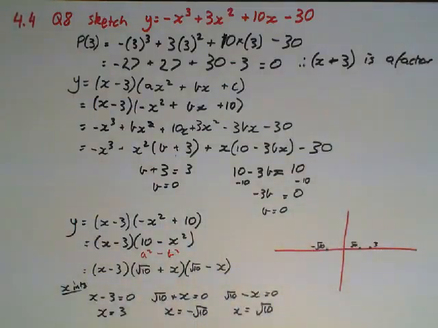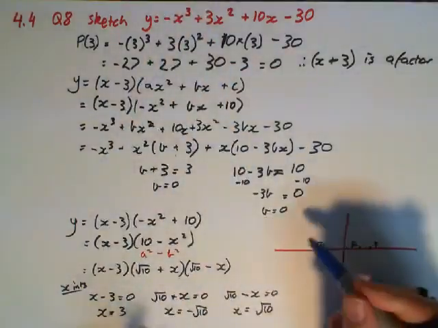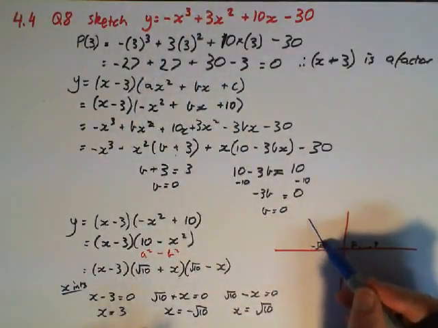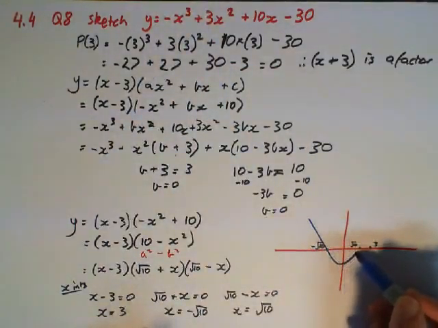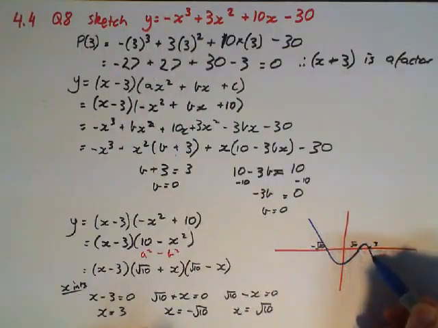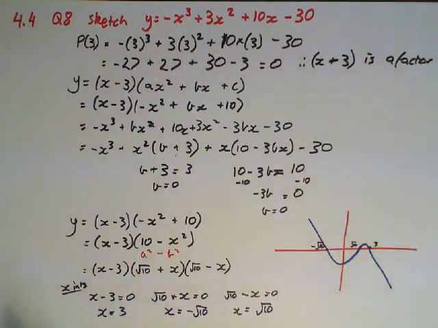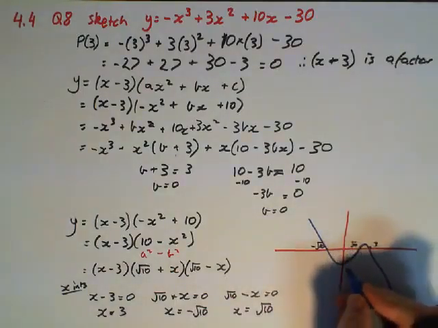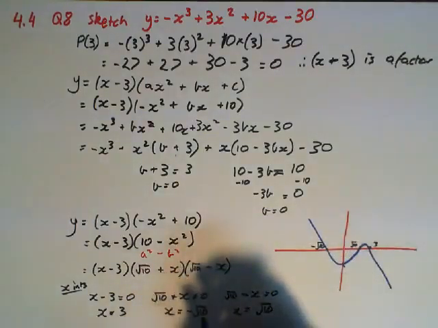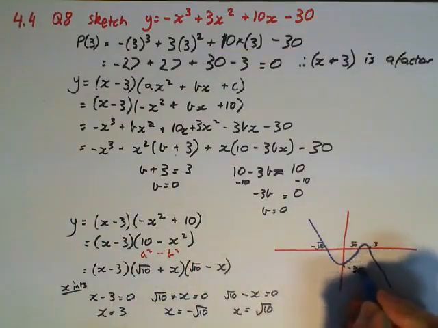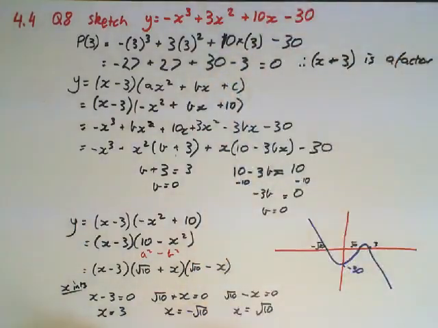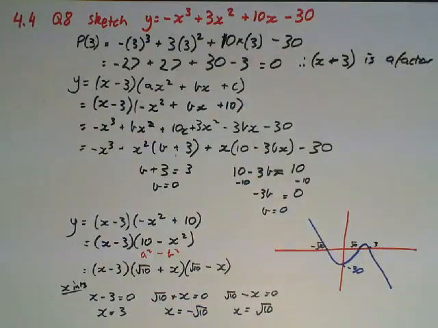And I've got a negative graph, so it's going to start from the top. And looks something like that. And just last point is our y-intercept at minus 30. Okay, which works. That's what we want. So that's question 8 from chapter 4.4. I hope that helps. It's similar to some of the other questions in there.